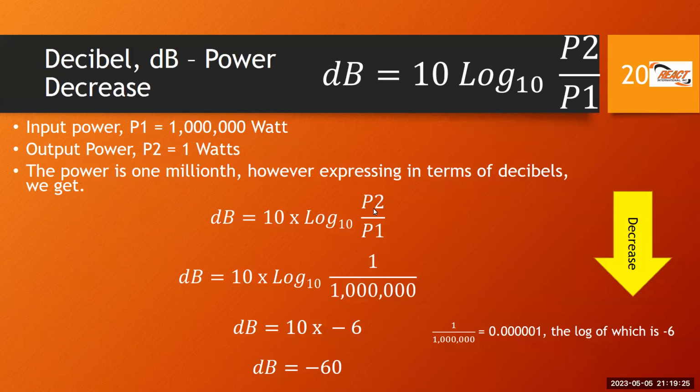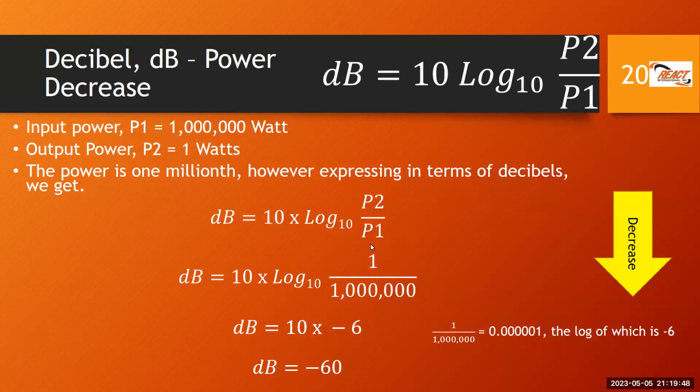P2 is the output power, so that's 1 watt. Sorry about that, I have to change this, it's 1 million watts and 1 watt. That's what happens with copy and paste. So we know P2 is 1 watt, and P1 is 1 million watts. So we put that in the numerator and denominator respectively.